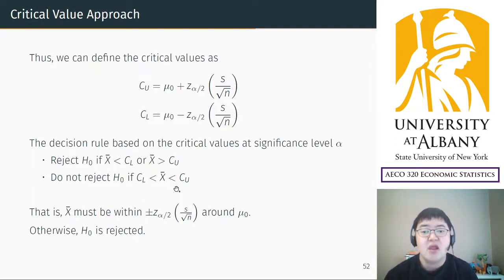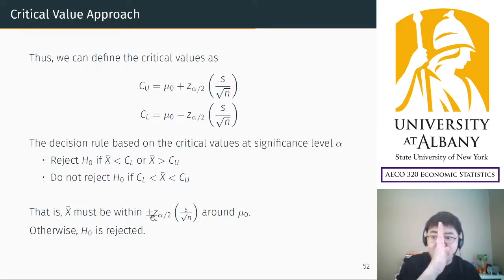So intuitively speaking, x bar, your observation, your sample mean must be within plus minus z alpha over 2 times s over square root n around mu0. So this plays a role of the margin of error. So you allow this much error around your belief. If not, H0 is rejected.